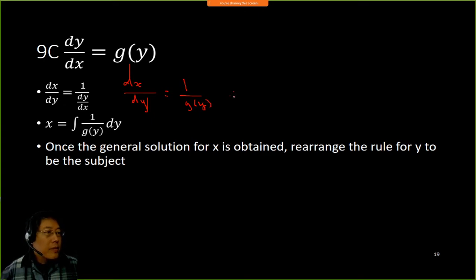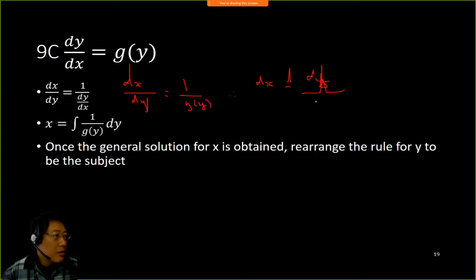Then you will have dx on the left by itself equal to dy over g of y on the right hand side. And when you anti-differentiate, that's your equation, you anti-differentiate respectively in terms of dx and dy.